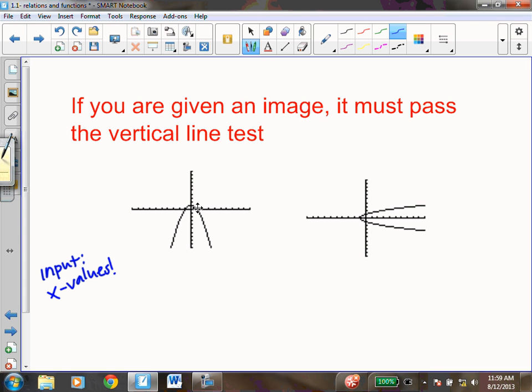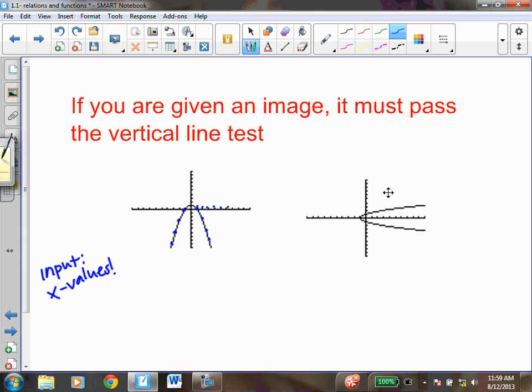So I'm looking at each individual x value, and I'm trying to determine if all of these x values have only one y value. As I travel along my graph, I'm noticing that every input value, or every x, only has one y. So this would represent a function.